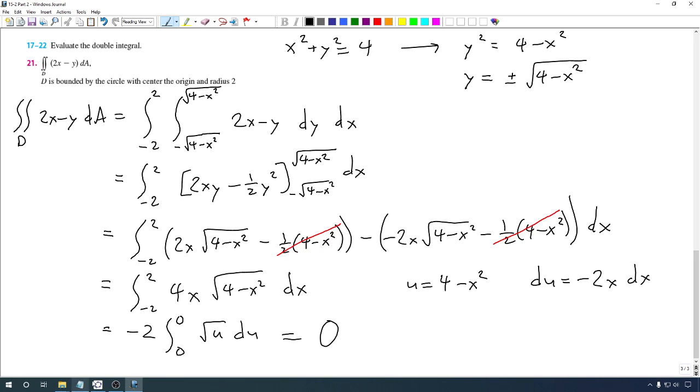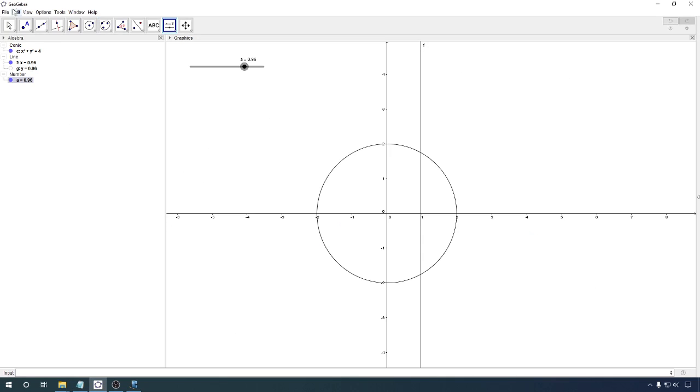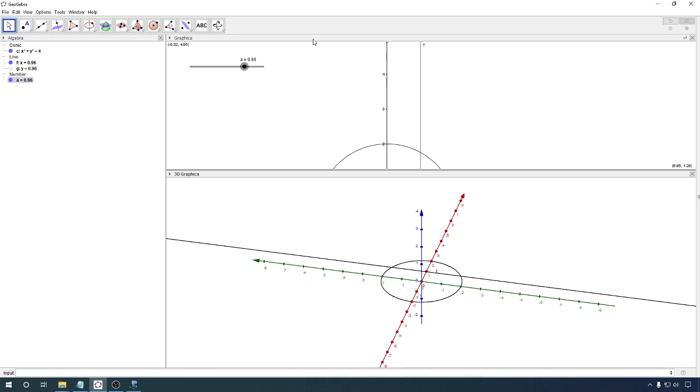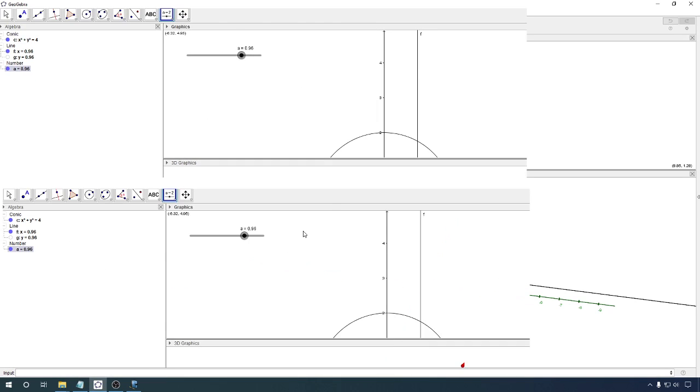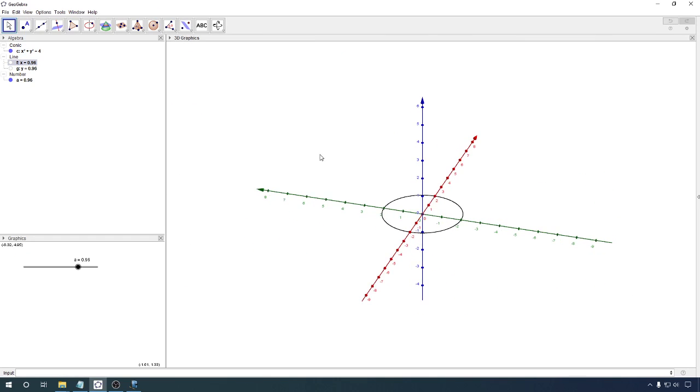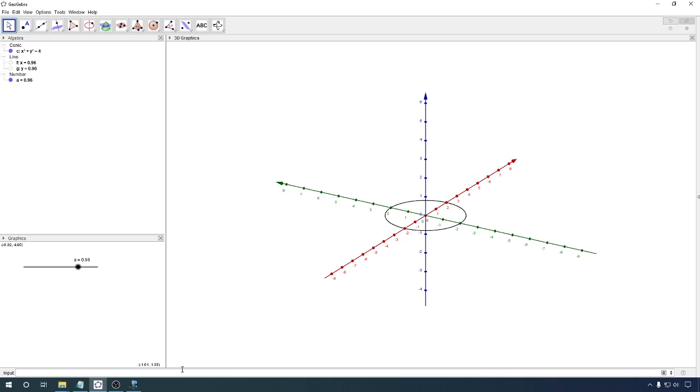Well, let's actually go ahead and graph this thing. If we put in the three-dimensional stuff, we have our circle that we're integrating over, and our function, remember, f of xy is equal to 2x minus y.